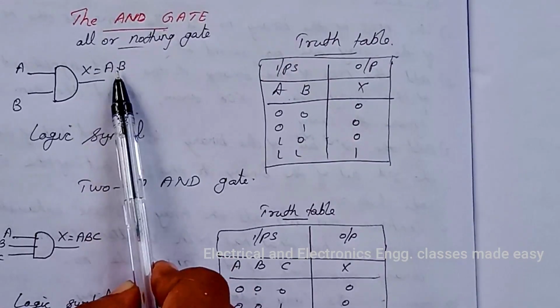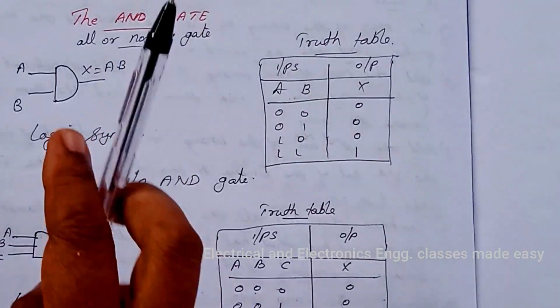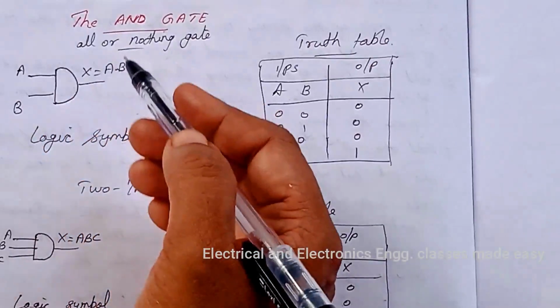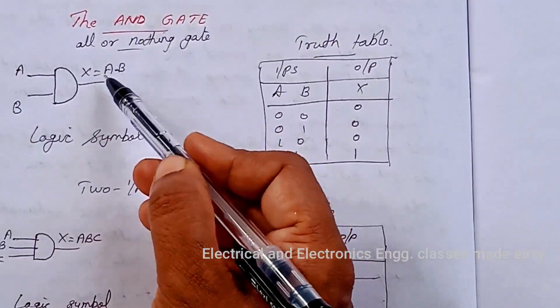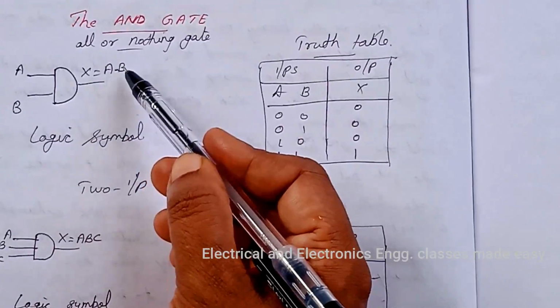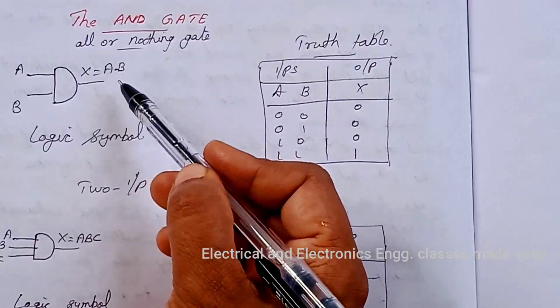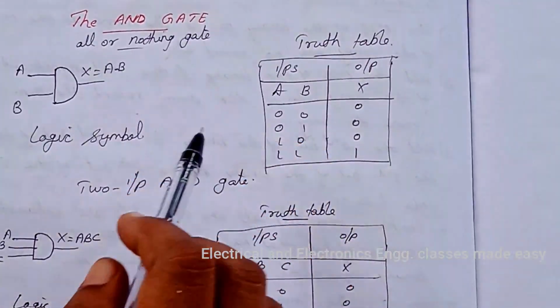It can be read as A dot B, or AB, or A and B.